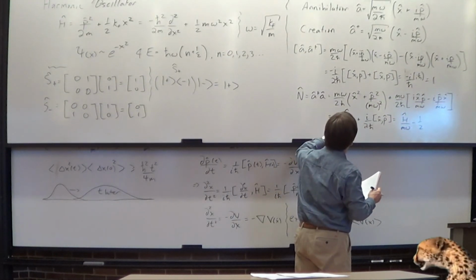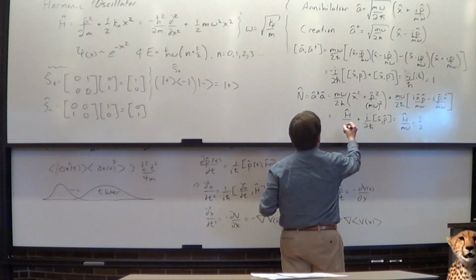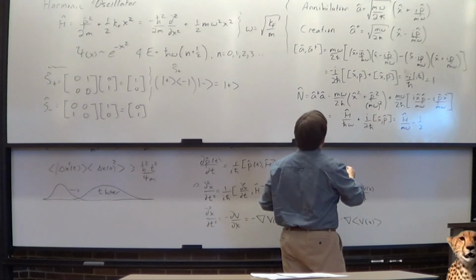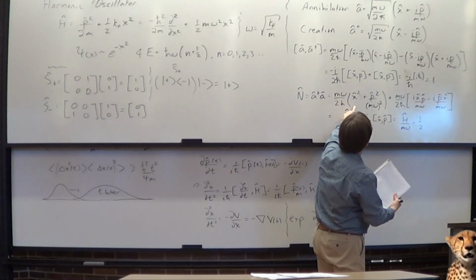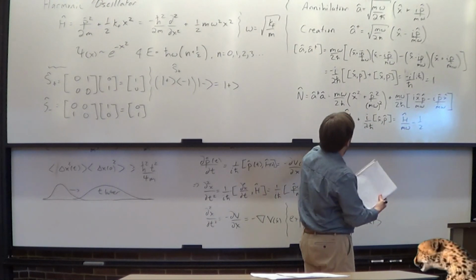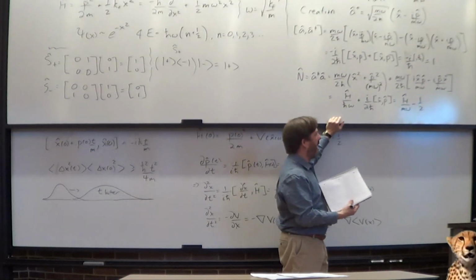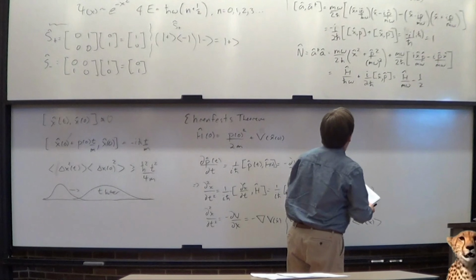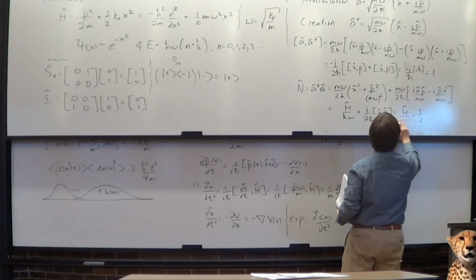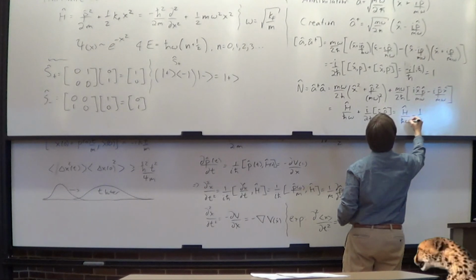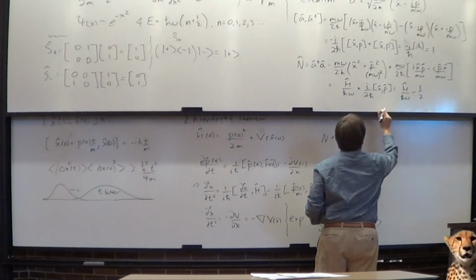Where did that h go? Sorry. There's nowhere for that h. Sorry, I just wrote down m and then h bar. Sorry about that. God, it's right there too. Okay, so N plus 1/2.